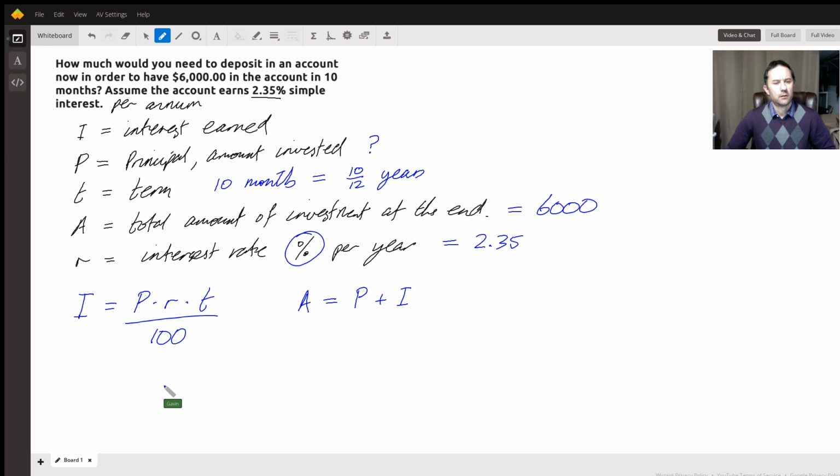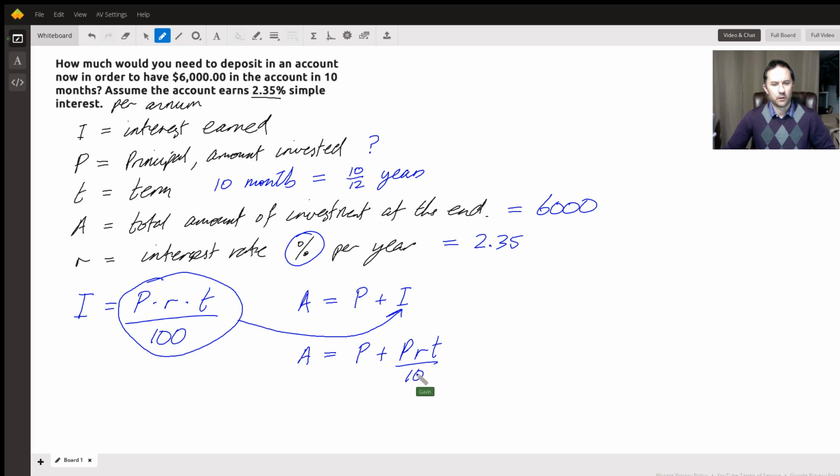So we want P, and we know A. What we can do is substitute. This is the simple interest formula, and this whole thing I've circled equals I, so that can go in here. That means A equals P plus PRT divided by 100.